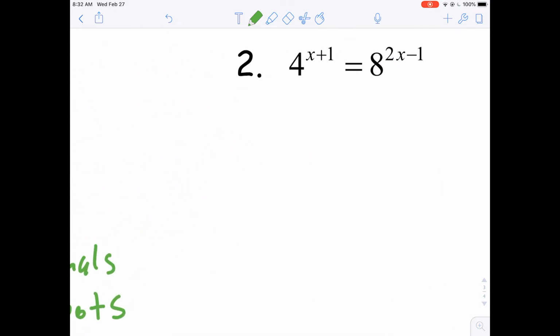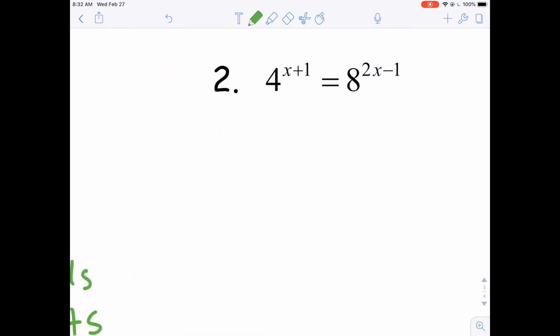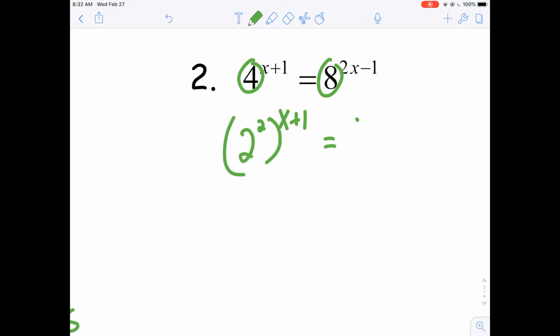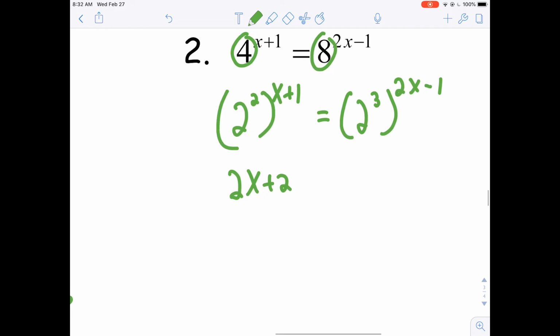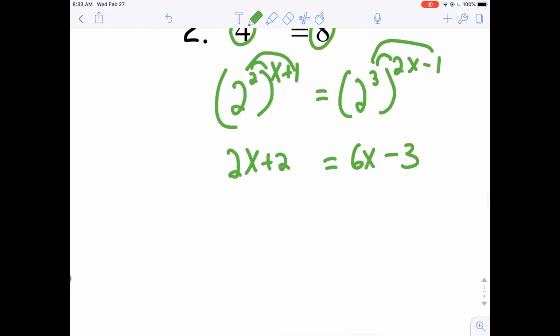Okay, so this next one. Okay, so this one's nice. We have 4 and 8, so we can do a change of base here. So 2 squared, x plus 1 equals 2 to the third, 2x minus 1. So then we get 2x plus 2 equals 6x minus 3, because we can just distribute that, okay?